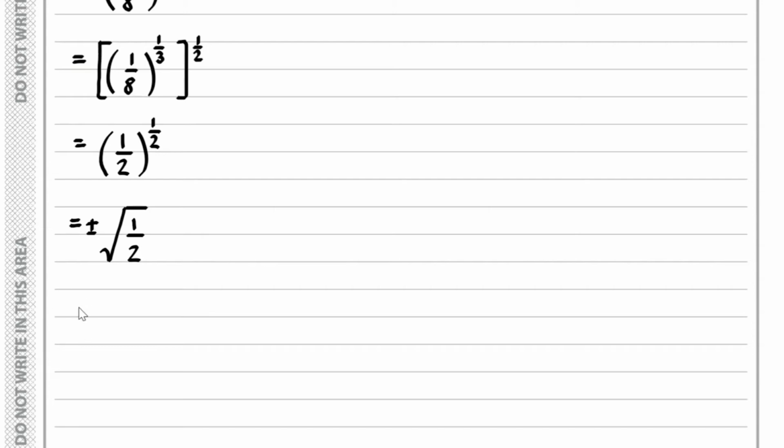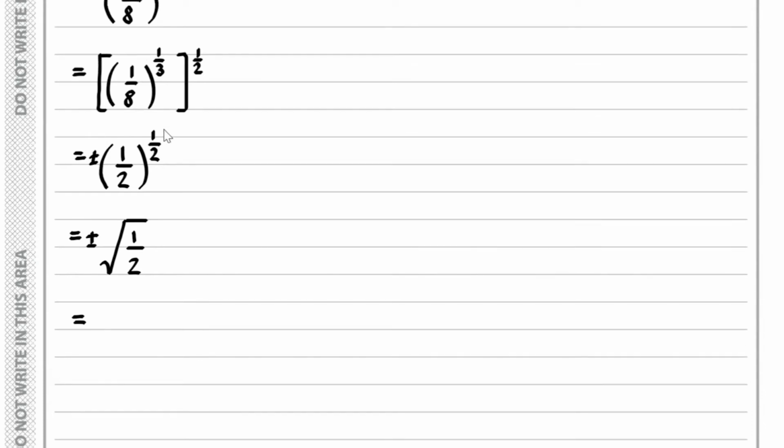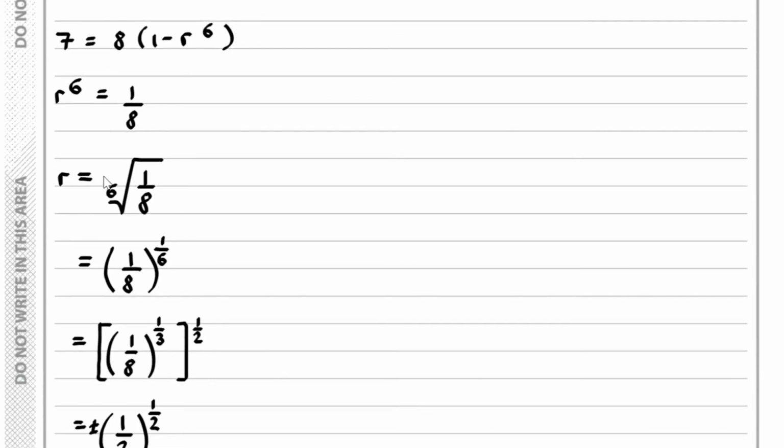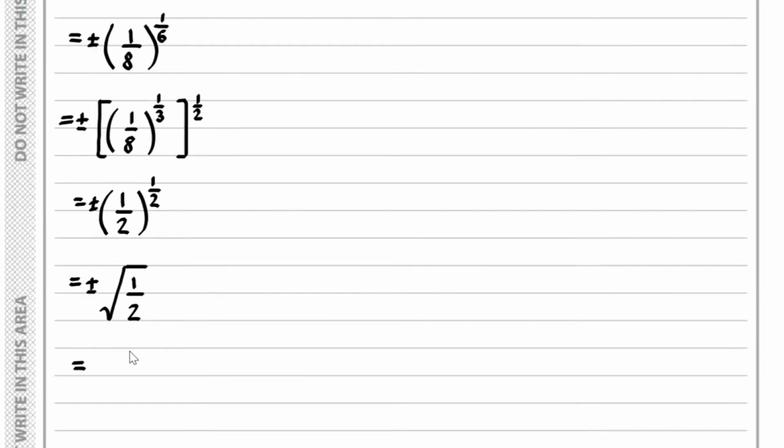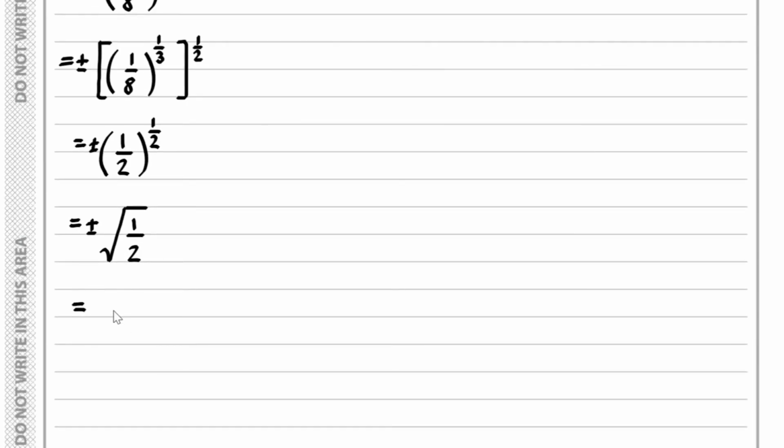Don't forget we've got plus minus, and technically speaking we should have plus minus throughout because we've got a positive root we're taking. Okay, so let's just adapt this, and therefore we end up with plus minus 1 over the square root of 2. So therefore k is equal to 2.